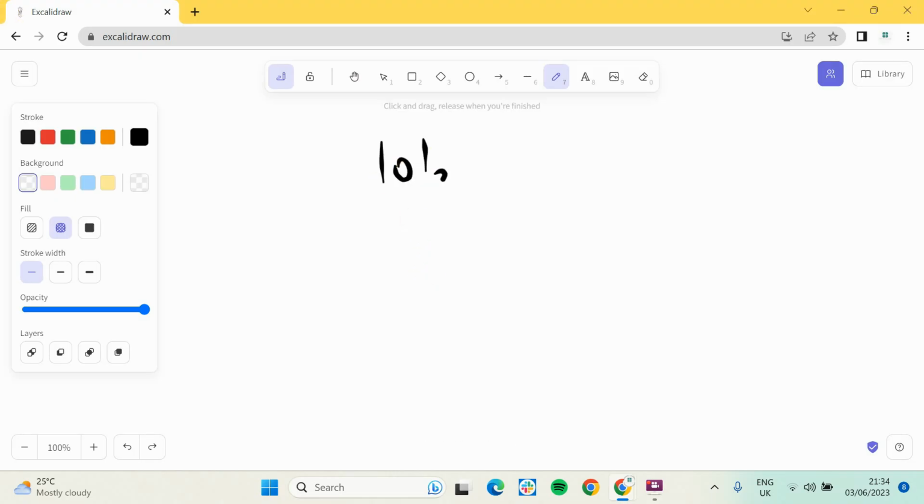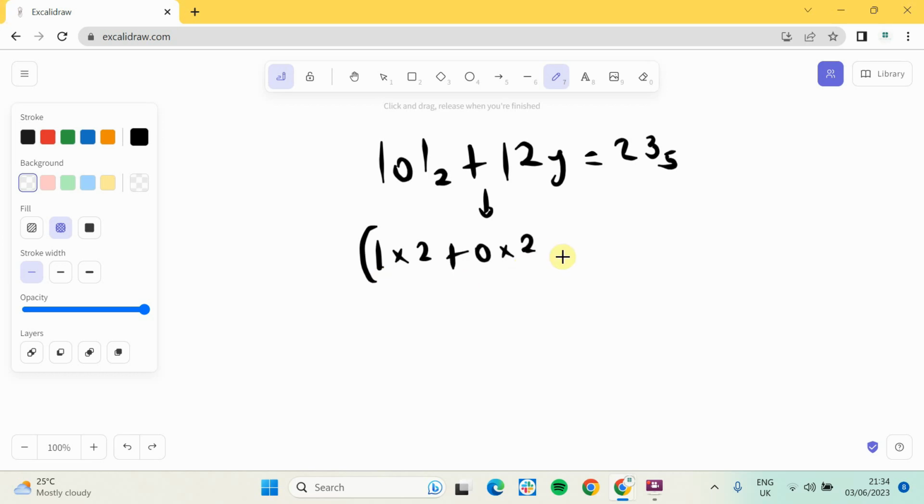101 base 2 plus 12 base y is equal to 23 base 5. So I have to convert each of them to base 10. Right? So let's see. That will be 1 times 2, let me do this in brackets, plus 0 times 2 plus 1 times 2. So 1 times 2, 0 times 2, 1 times 2.